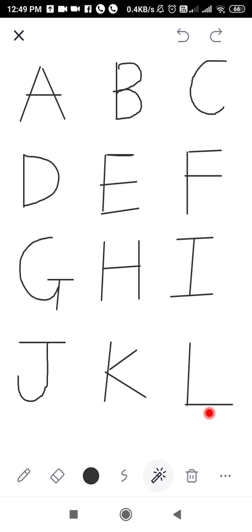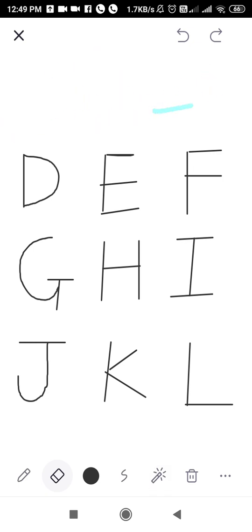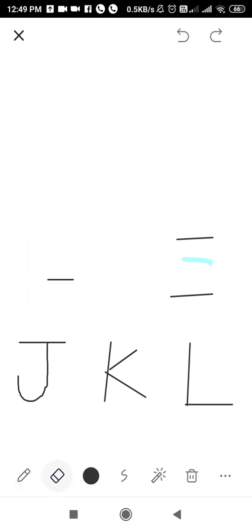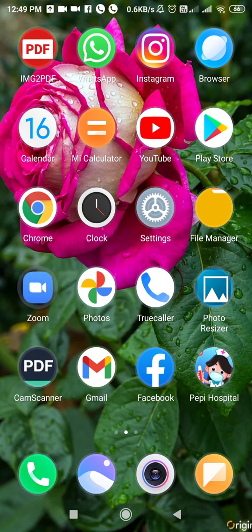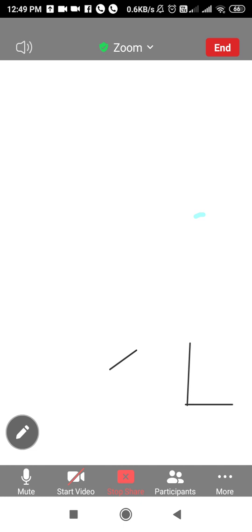Okay, then next is letter M. So to write the letter M, first you need to draw two standing lines, then you have to draw two cross lines.